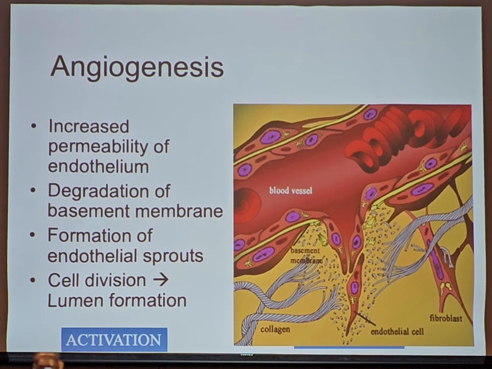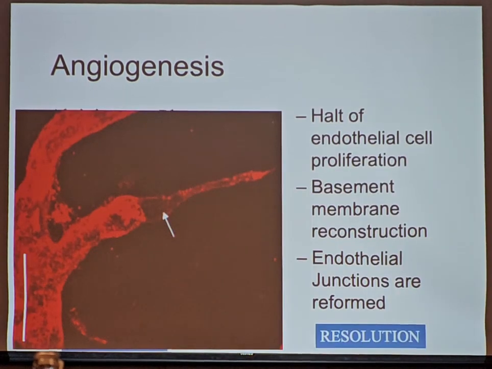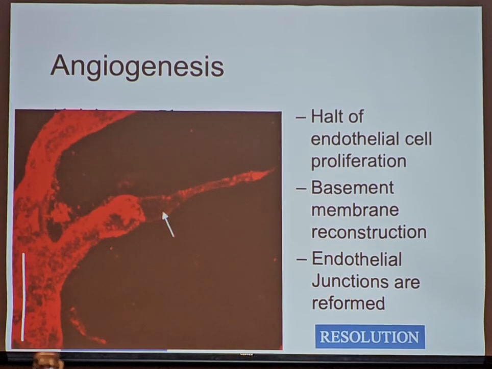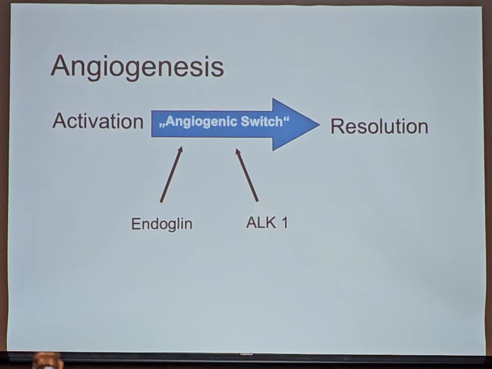And therefore, we'll need to balance the activation phase with the resolution phase. And the resolution phase means that there has to be a stop of the endothelial cell proliferation, that the basement membrane needs to be reconstructed, and that endothelial junctions need to be reformed. And this changing from the activation to the resolution phase is the so-called angiogenic switch.